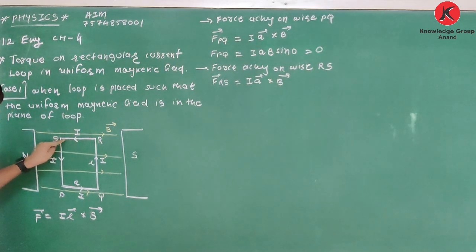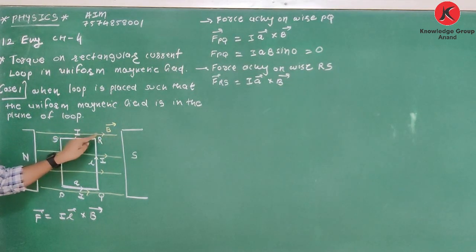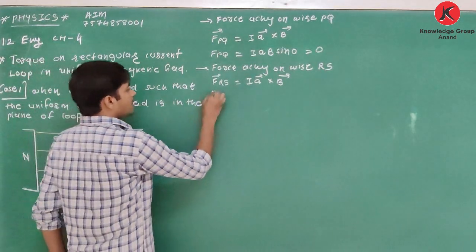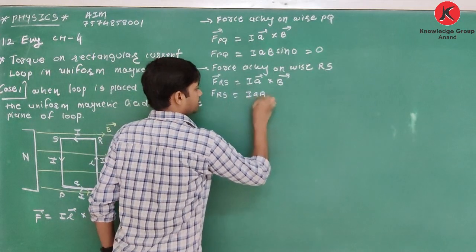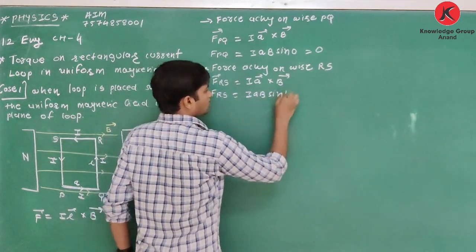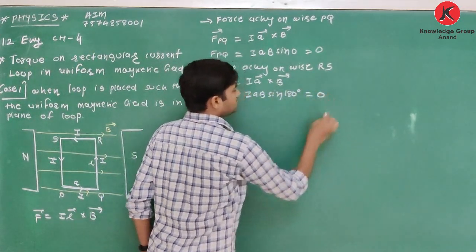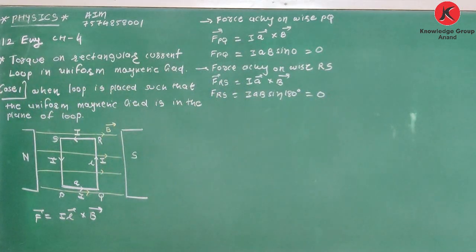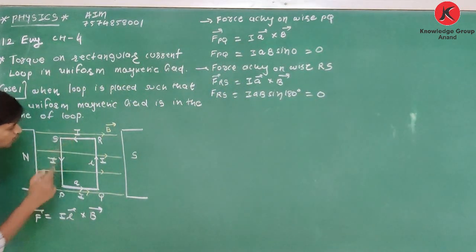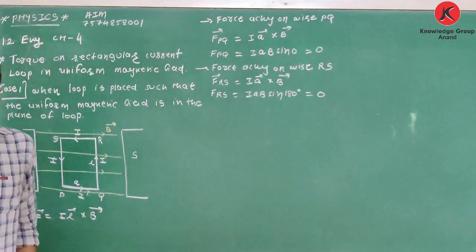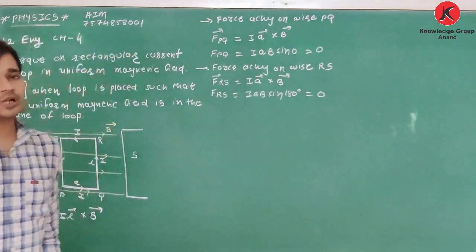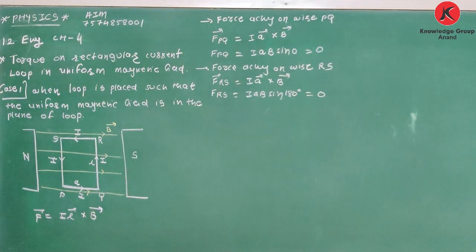Current I is in this direction, magnetic field is in the opposite direction. What is the angle between them? 180 degrees. Then F RS is equal to I A B sine 180, and sine 180 is again 0. So the force acting on these two wires is 0. From this you can say when wires are parallel to the magnetic field, the force acting on them is 0.